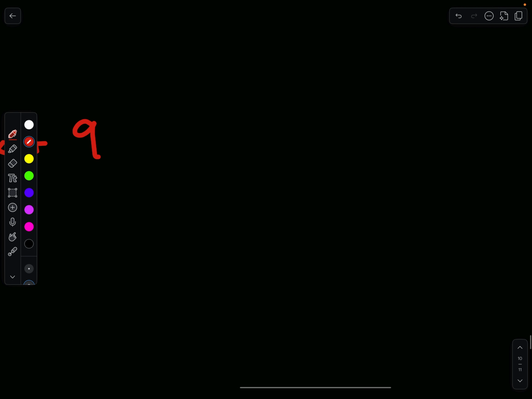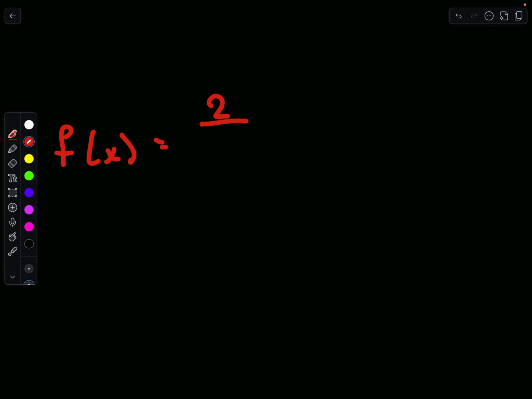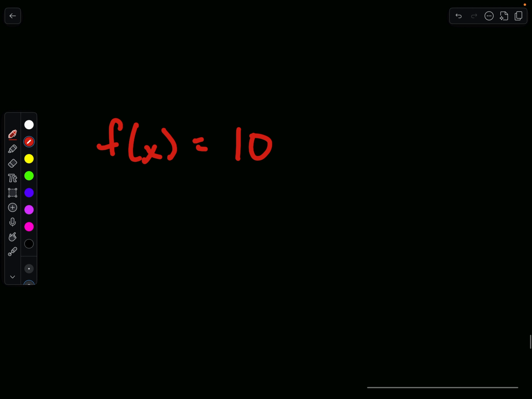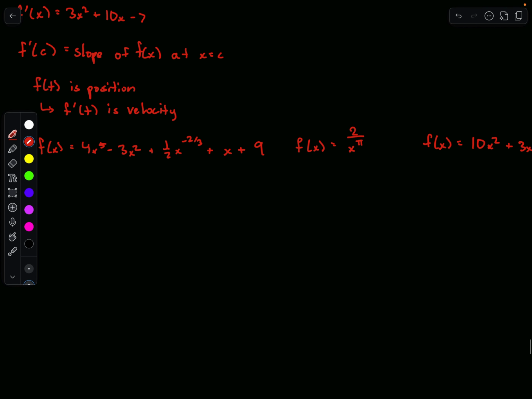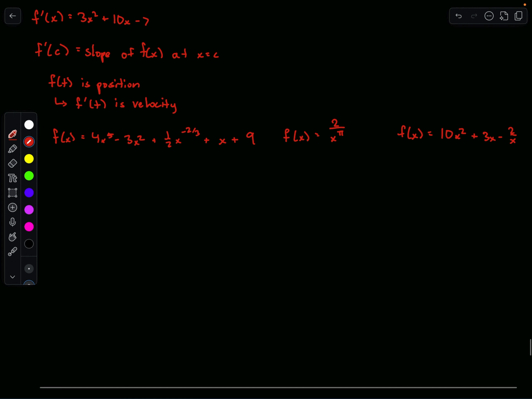Then we'll do another, f of x equals 2 over x to the pi. And lastly, f of x equals 10x squared plus 3x minus 2 over x. So go through these on your own, pause the video, and when you're ready, we'll go through them together.